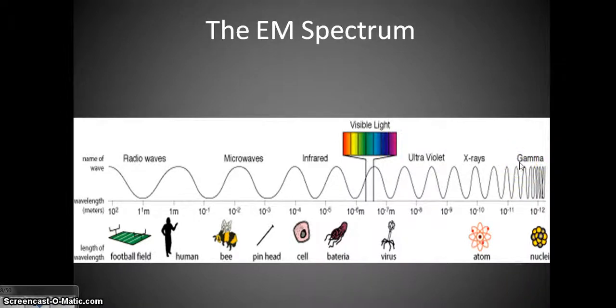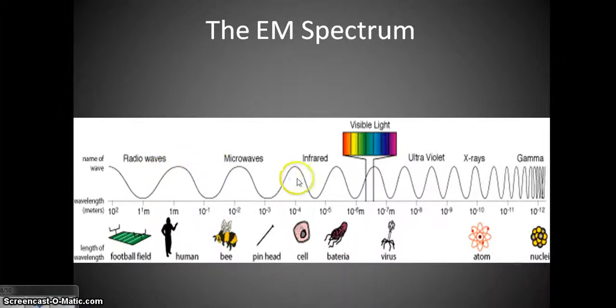Now, if you remember from our last test, if velocity is constant, then frequency and wavelength are inversely related. So that means as I go across this list, wavelength's getting smaller, but frequency is getting bigger. And so radio waves have a very low frequency.